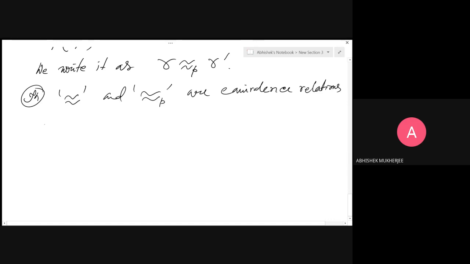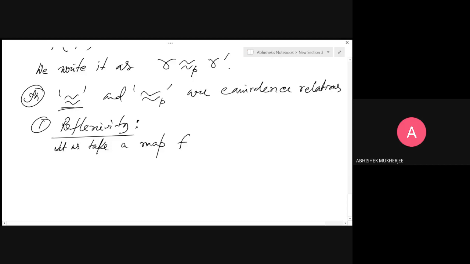So first of all, if you look at the reflexivity, you can do this for any of these homotopies. So let me take the general homotopy, and take a continuous map.